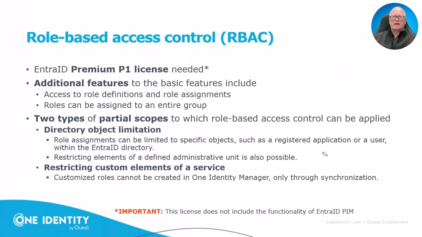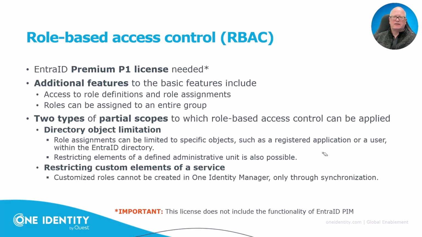First of all, the role-based access control, also known as the Entra ID Premium P1 license feature. If you have this license assigned, then additionally to what you can do with the basic functionality, you can access the role definitions and role assignments. You can assign these roles to the entire group. Additionally to that, 2 types of partial scopes can be supported.